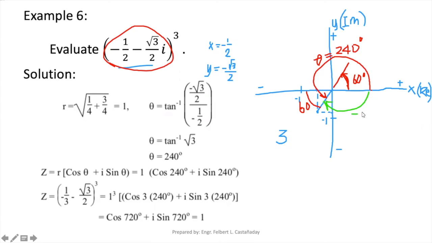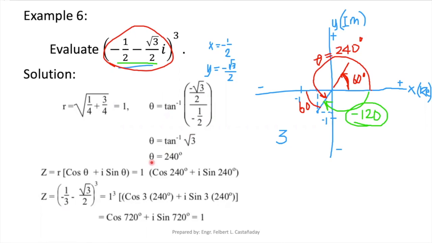This is negative 120. This is the theta that will appear in your calculator if you directly convert this rectangular form into polar form. So I hope this answers your question.